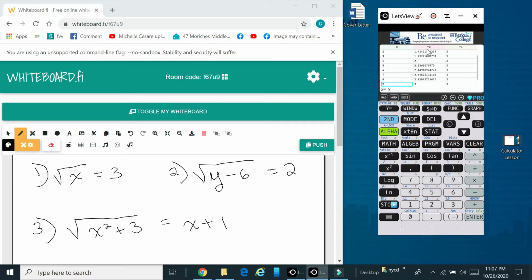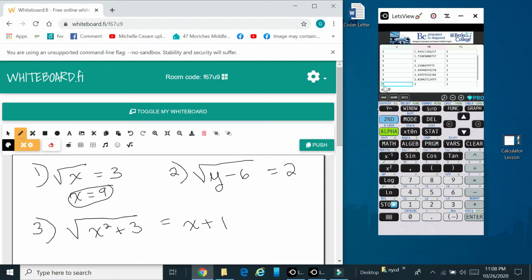Both y0 and y1 have to be 3, so it's 3, 3. Your x right there will be 9. So number 1, it's x equals 9, because these are your y values.